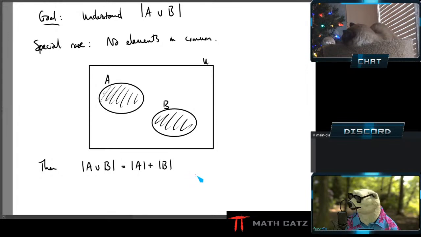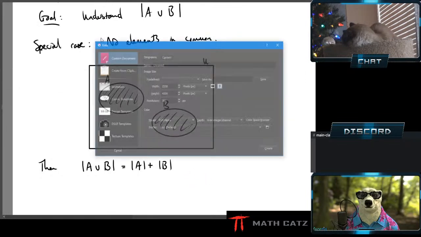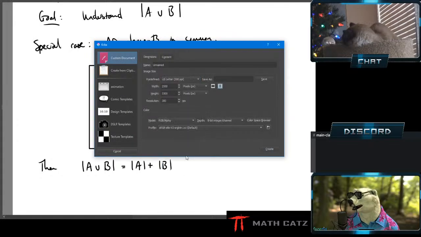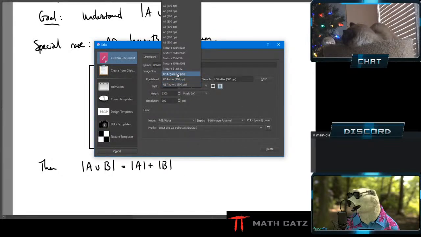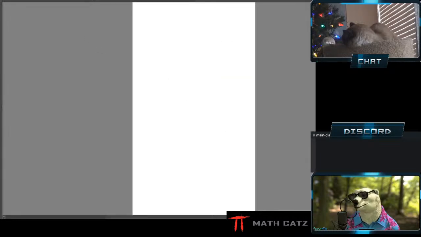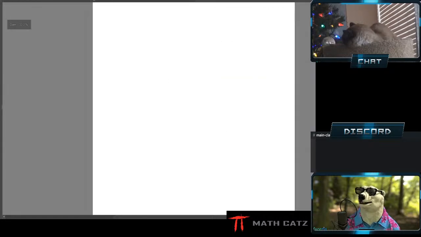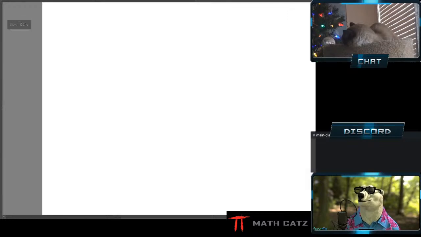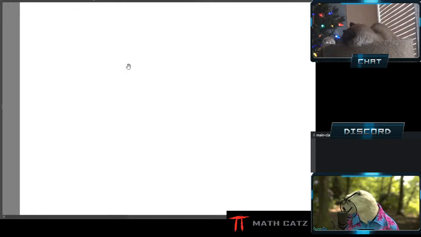No problem. Easy. But in general, we won't know if they have no overlap, and we have to be ready for the fact that there is an overlap. So see what would happen then.